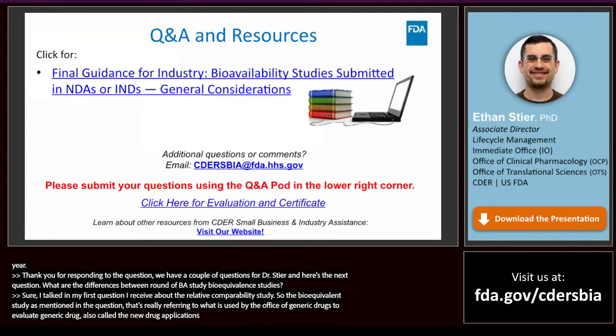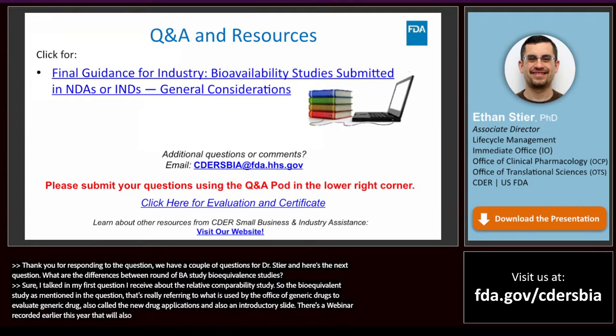And in the introductory slides, I provided a link to that guidance, the PK Endpoints guidance. I also believe there's an SBIA webinar that was recorded earlier this year that discusses that guidance in detail. So for information about that, the questioner could seek that information out there.